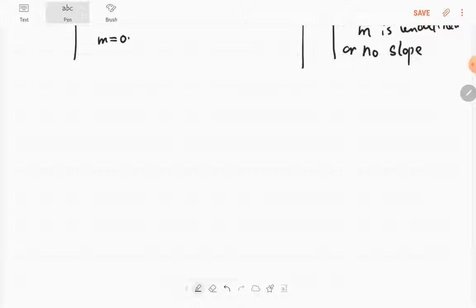You just need to memorize horizontal line, 0 slope. Vertical line, no slope. Let's check objective D. We will talk about 2 straight lines parallel to each other or perpendicular to each other.